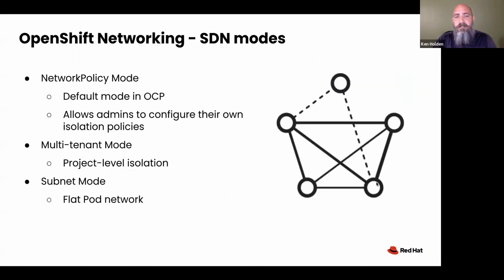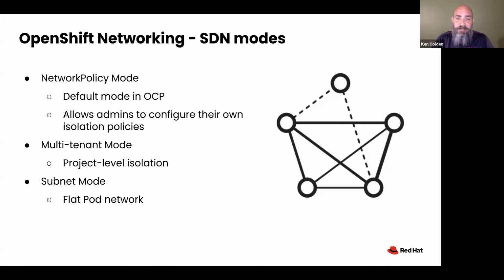So OpenShift out of the box offers two choices for the container network interface, or also called the CNI. OpenShift SDN and OVN Kubernetes. OpenShift SDN is based on Open vSwitch, or OVS, and is the supported default currently in OpenShift.